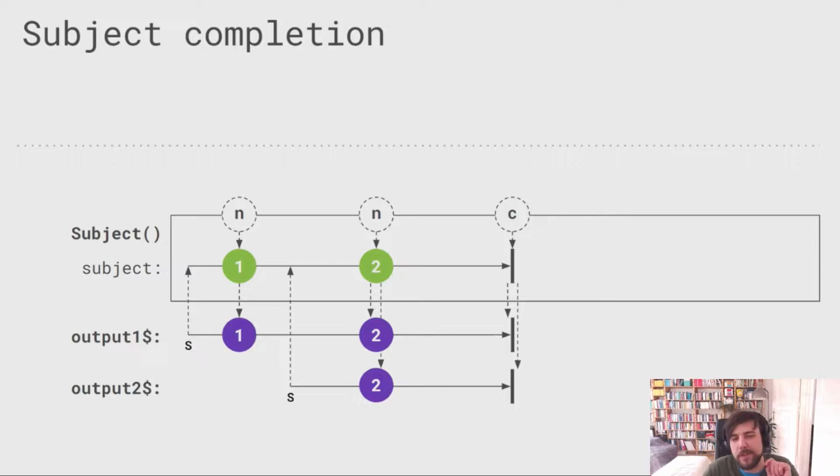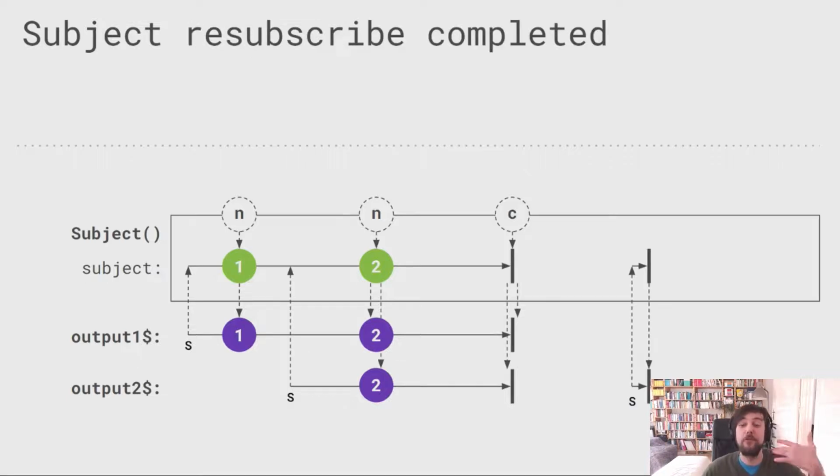But what happens if you subscribe to an already completed subject? What do you think? Well, it forwards the complete again and again every time you subscribe to it. And in this case, you can somehow get an answer on what is the state of this subject.